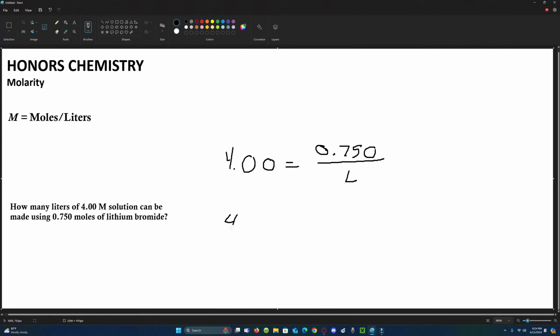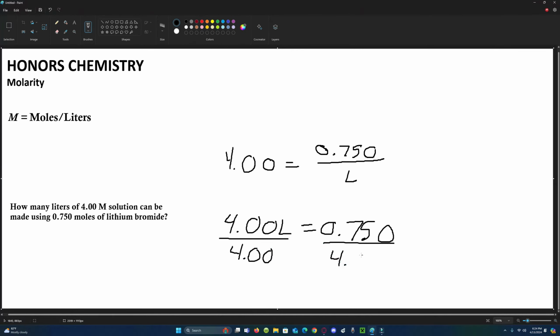So then we would have 4.00 times L equals 0.750 just by itself. And now we would just divide by 4 so we can isolate the L. And once you do all of that, the answer is 0.188.